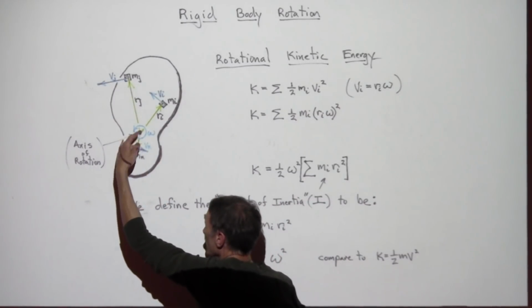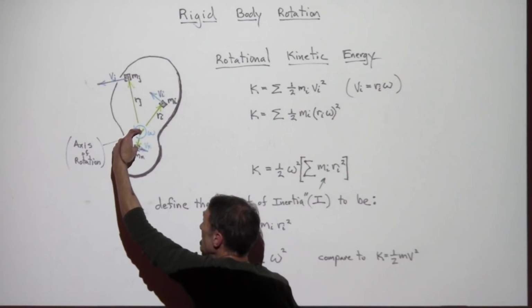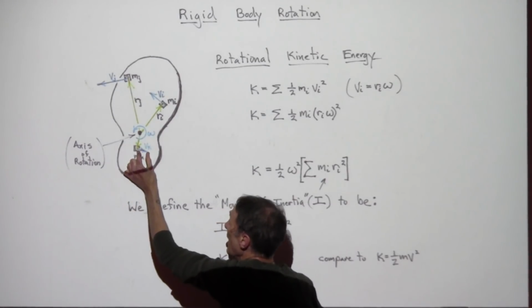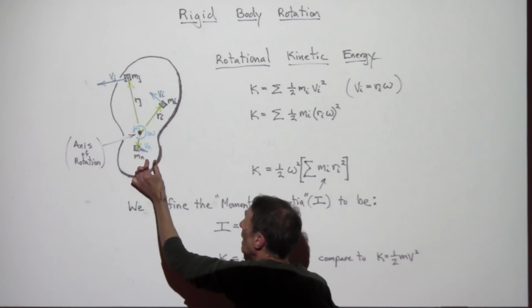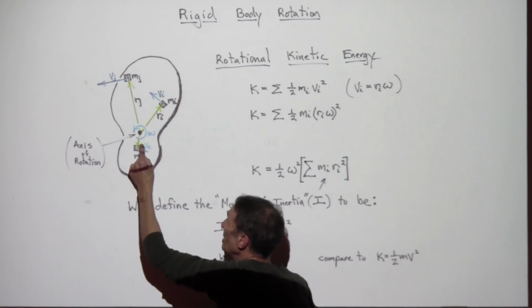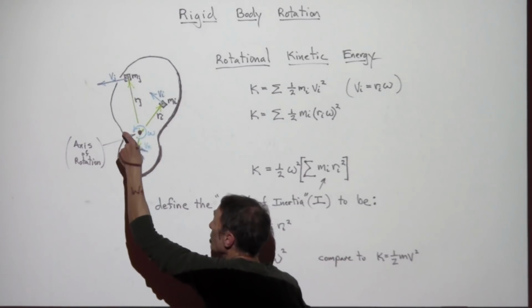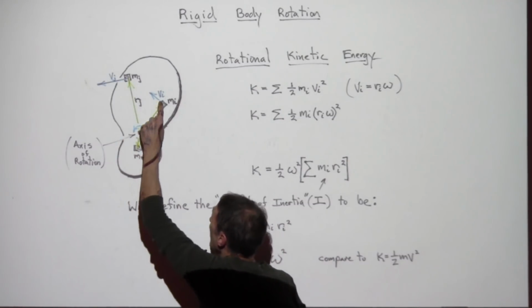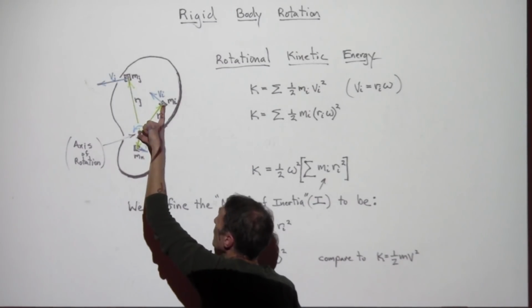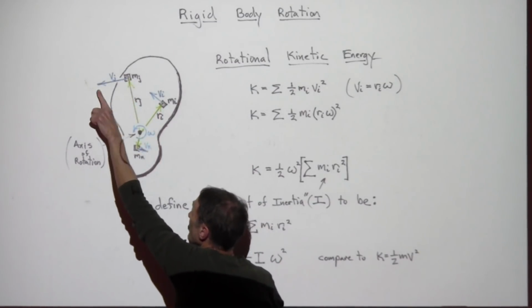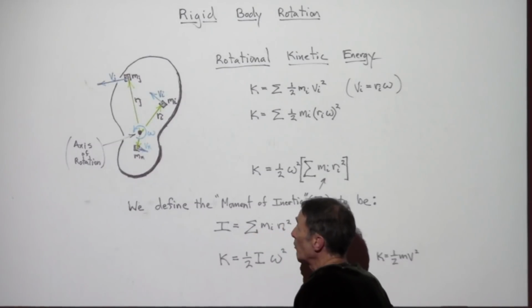If you're near the axis, if this distance is small, this velocity is going to be small. Keep in mind that velocity is equal to r times this omega, this angular velocity. This one is a little further away. This one's further away yet, and so its velocity is going to be greater.